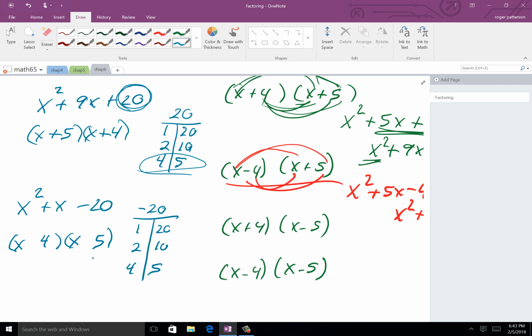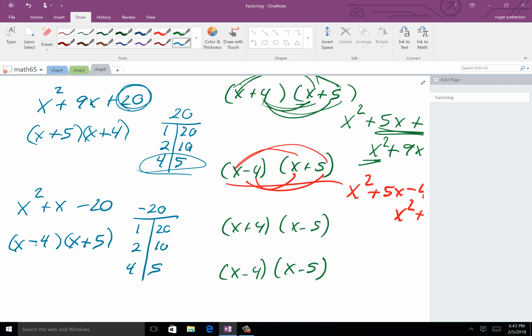This number here is positive, so when we combine these two, which one of these should be positive? The 5. The 5 should be. And why is the 5 positive? That's right, we're adding it, and the 5 is the biggest number.